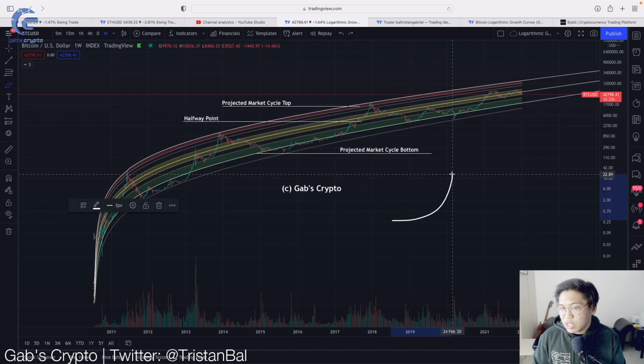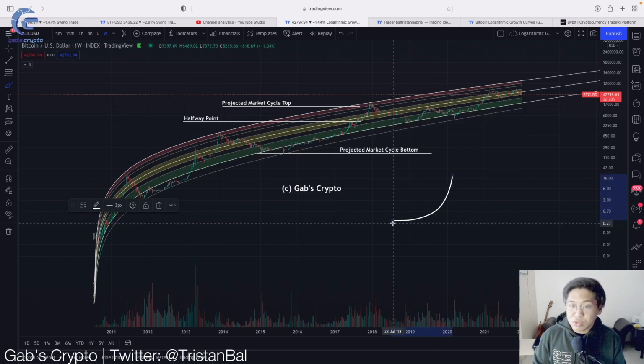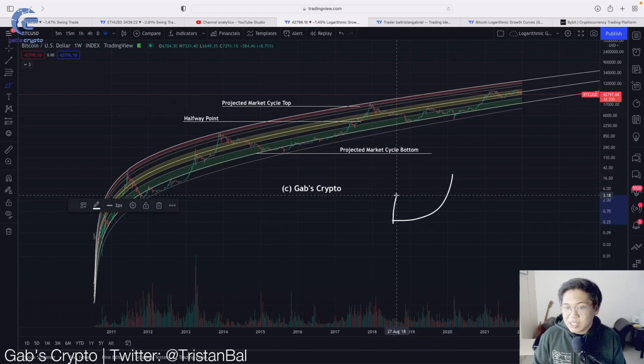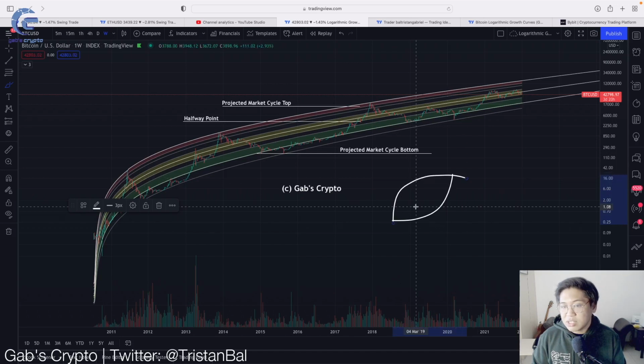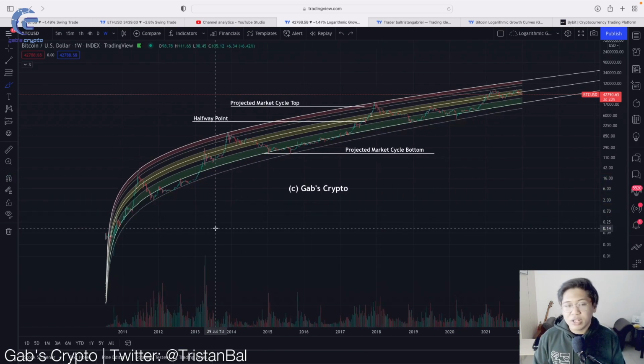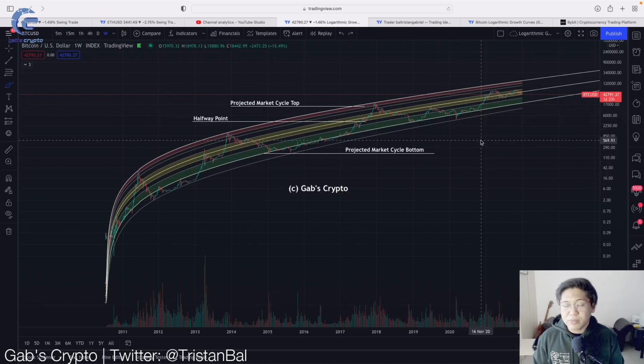So a logarithmic growth curve is actually an inverse of an exponential growth curve. With that being said, you can see na we are also following a logarithmic growth curve and we are also using a logarithmic chart in determining the logarithmic growth curve.